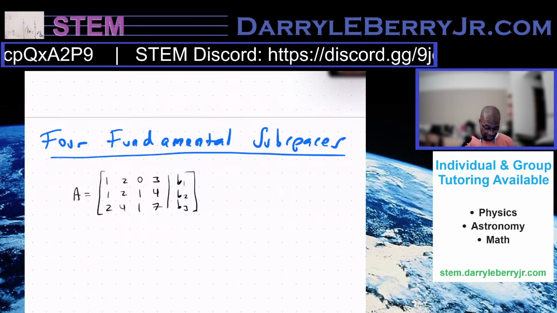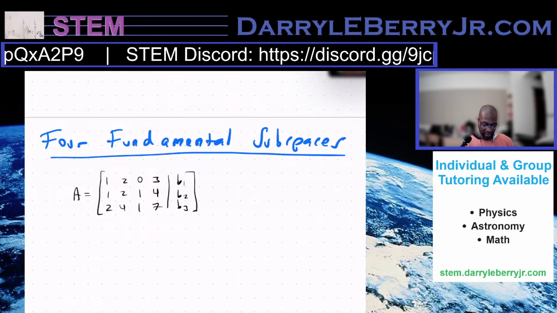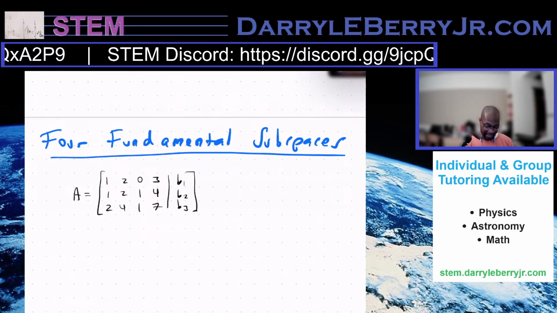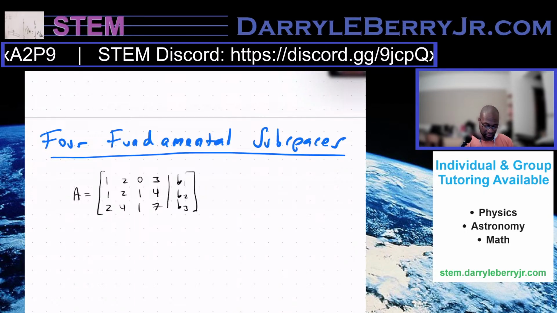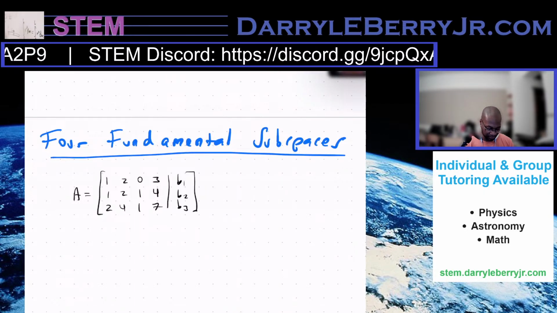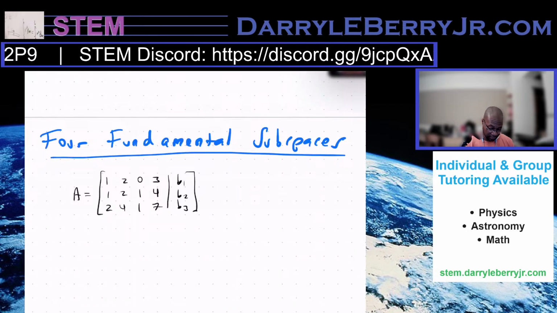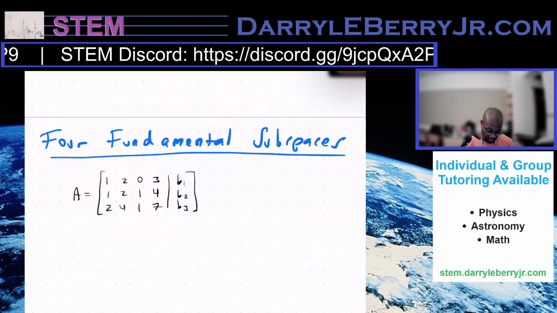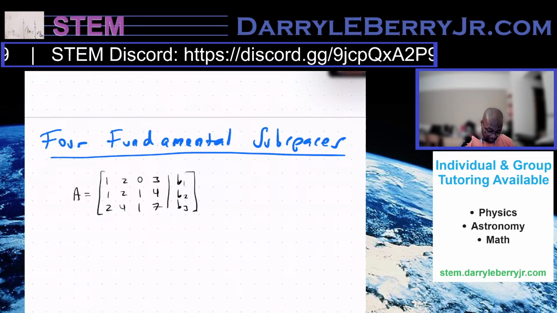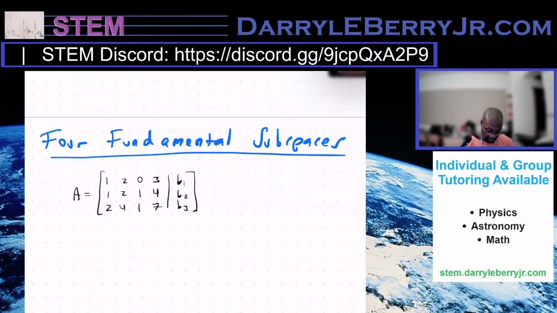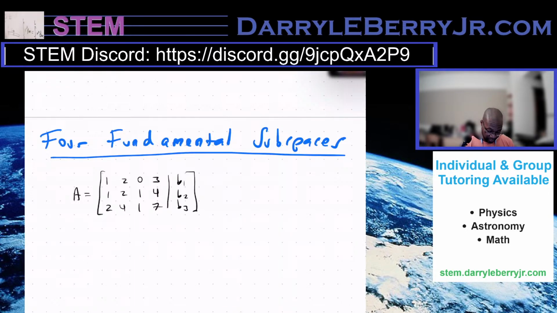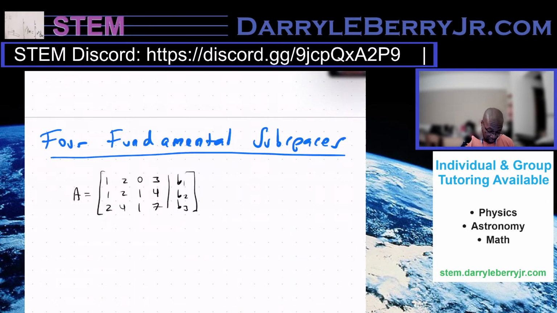So the first thing we're going to do is row reduce this matrix to echelon form. It's not reduced echelon form, but it's echelon form. I'll do row 2 minus row 1, then row 3 minus 2 row 1.